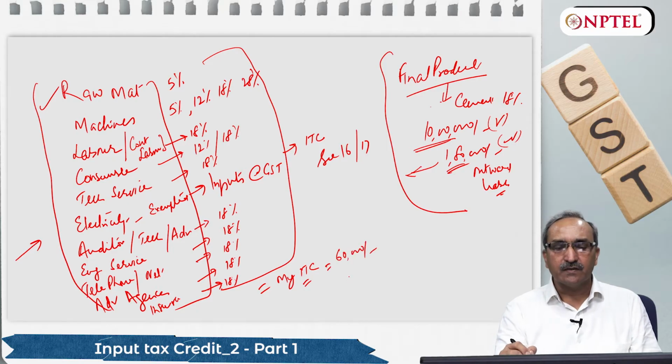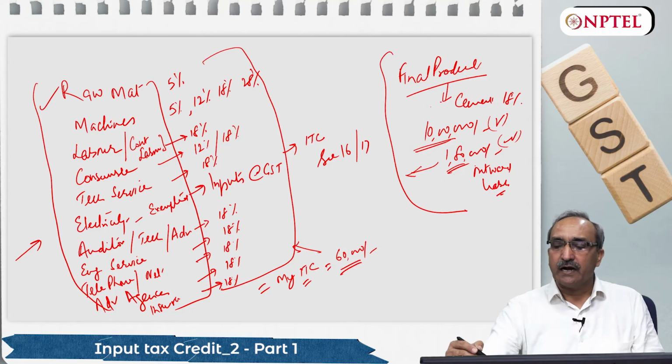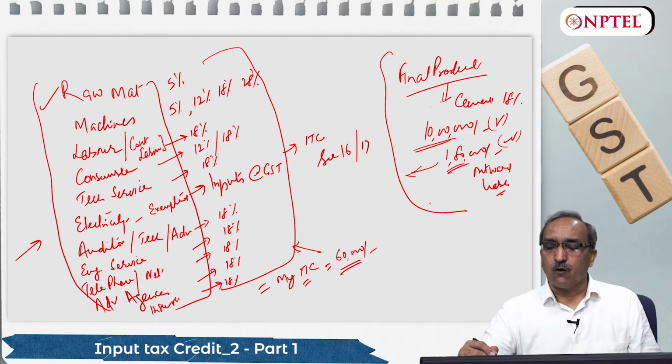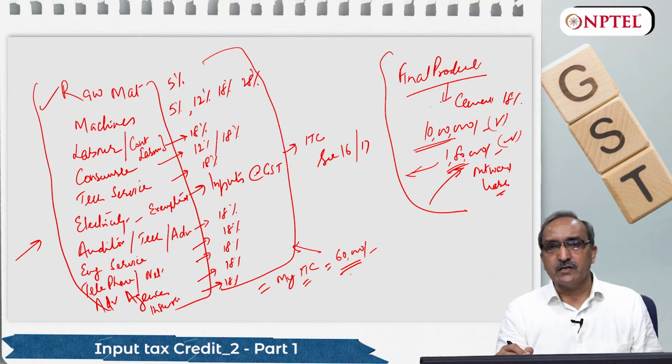In my credit ledger maintained on GST portal, this amount will be depicted. So I have declared my outward liability of 1,80,000 rupees, whereas my input is only 60,000 rupees, and it is net ITC after considering section 16 and section 17 conditions.